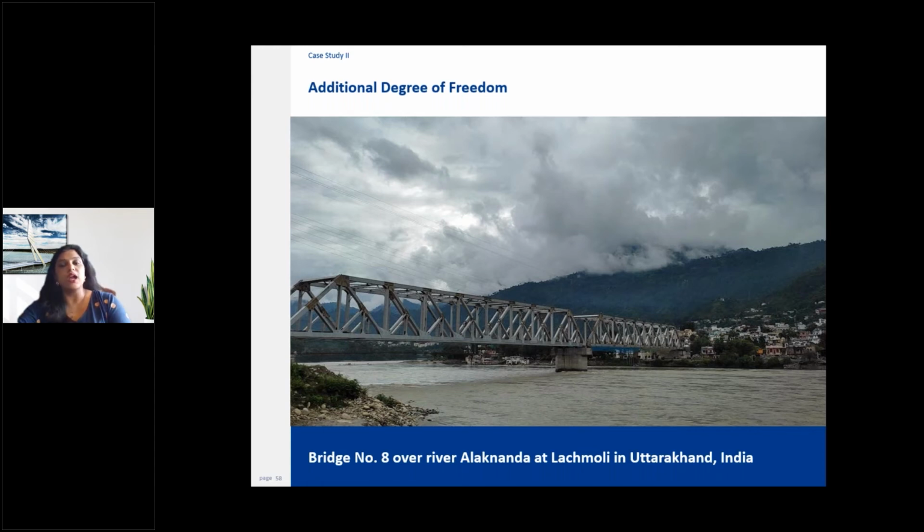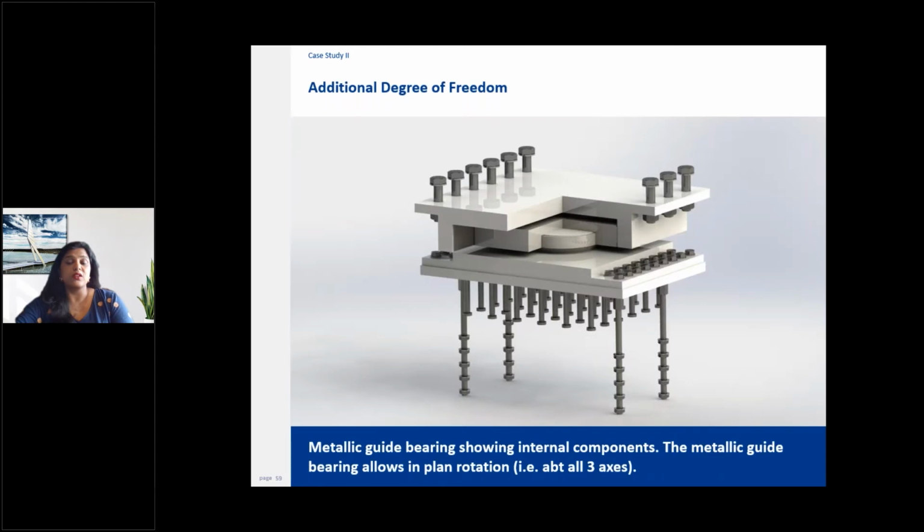The pin and guide bearings here were required to accommodate rotations about the vertical axis. To address this rather uncommon requirement, the metallic guide bearings provided had a special rotational element.